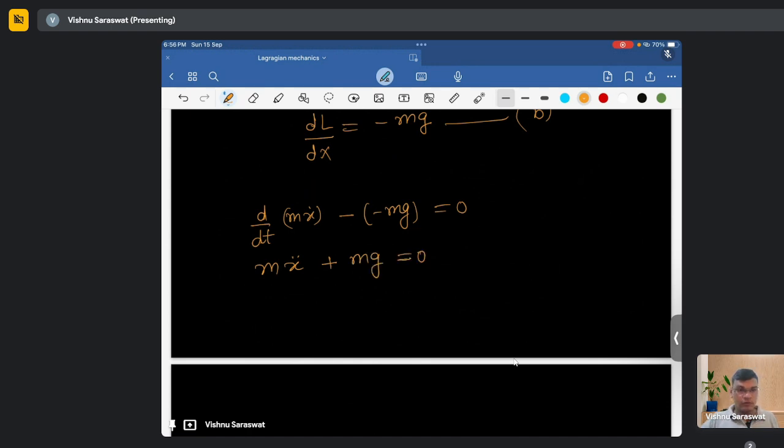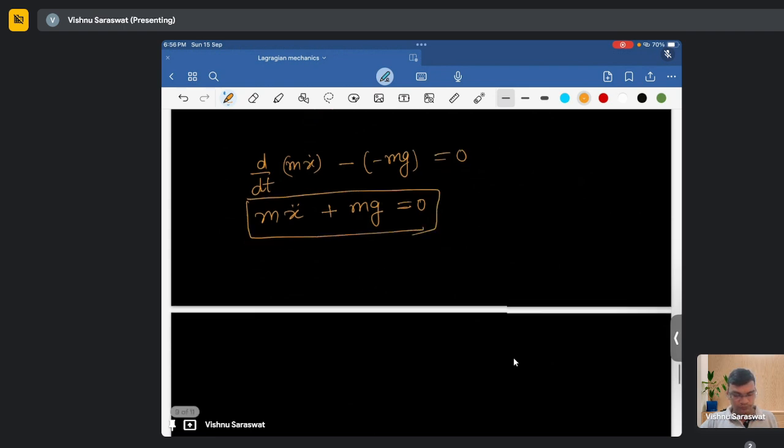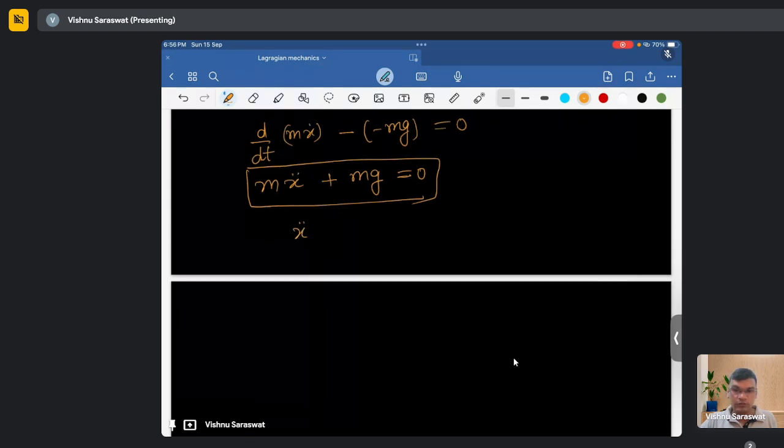So what we got, we can cancel out the mass, or divide the whole equation by m. So m cancels out, and we are left with x double dot plus g equal to 0, or we can simply write x double dot equal to minus g.